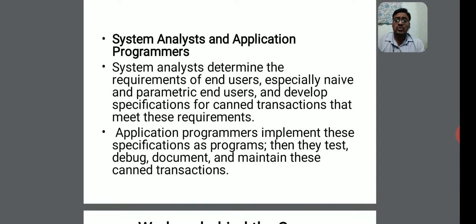Next comes the application programmer. Application programmers take the requirements for the canned transactions from system analysts and implement these specifications as programs. Then they test, debug, document and maintain these canned transactions.